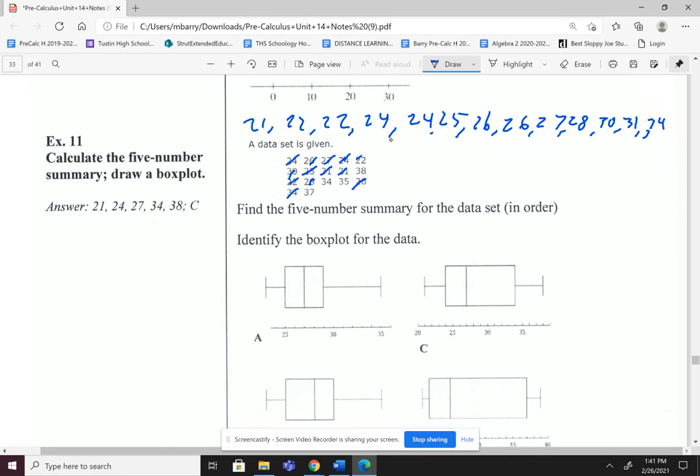34 and 34 again. And I still don't have enough room. And then 35, 37, 38. Okay, cool. So we'll start counting in here.